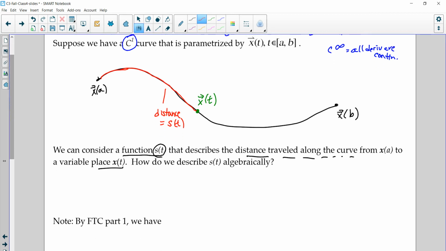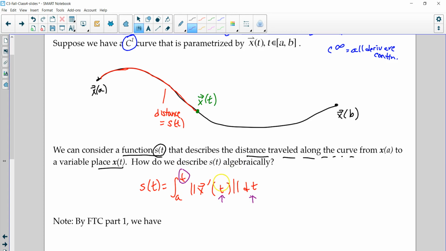And so my question is, how do we do this algebraically? Well, we might think it's just an arc length, right? S of t is equal to the integral from A to t of the length of vector x prime of t, dt. Now, the funny thing is, writing this t is awkward, because we have t in a bound, it's our endpoint.